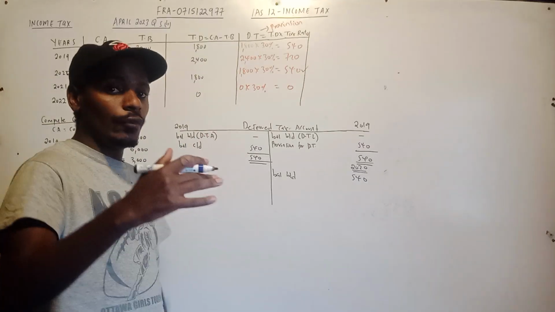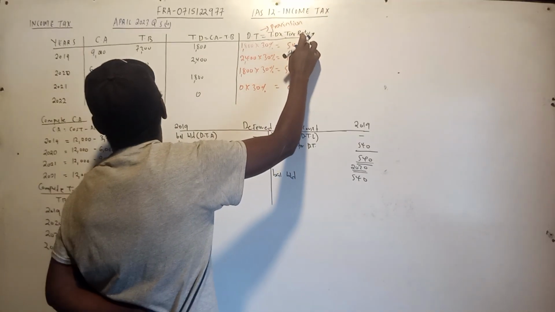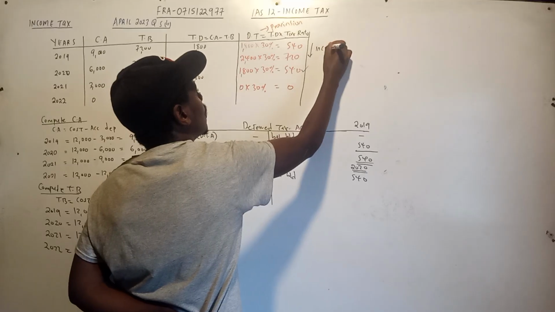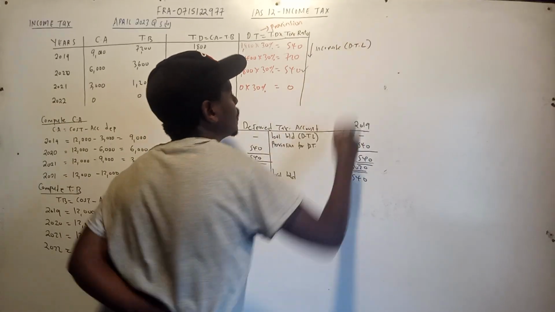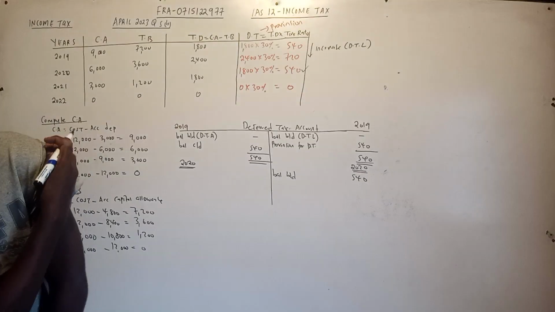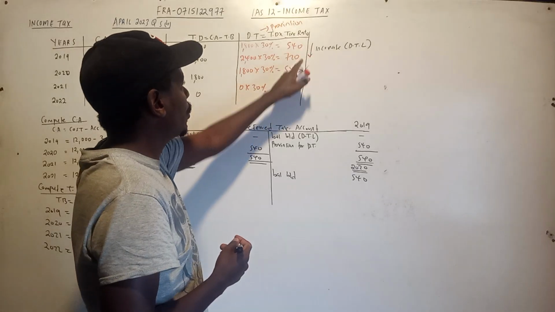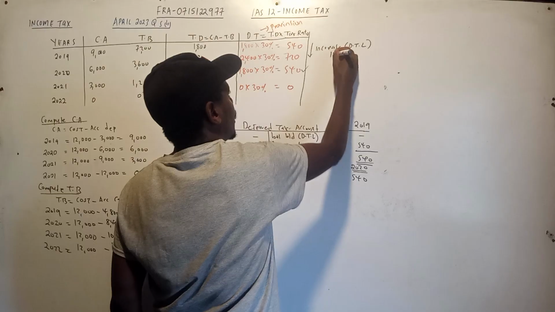So we need to check if it's an increase or a decrease. Now from 2019 to 2020, we have an increase. An increase is a deferred tax liability. So an increase of how much? From 540 to 720, that is an increase of 180.